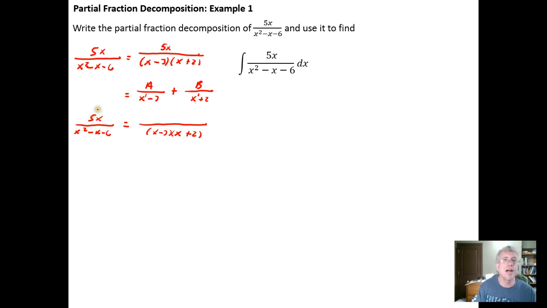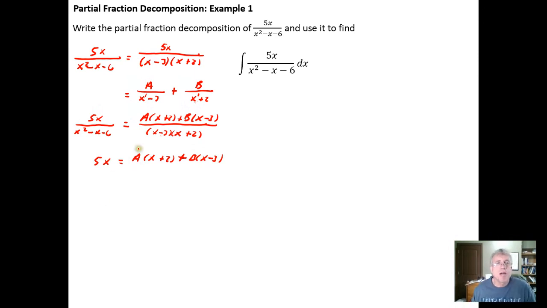And our numerator of 5x is going to be built by taking a times x plus 2 plus b times x minus 3. Because the two denominators are already the same, these two ratios will be the same as long as the numerators match. So what we need is 5x to equal a times x plus 2 plus b times x minus 3.